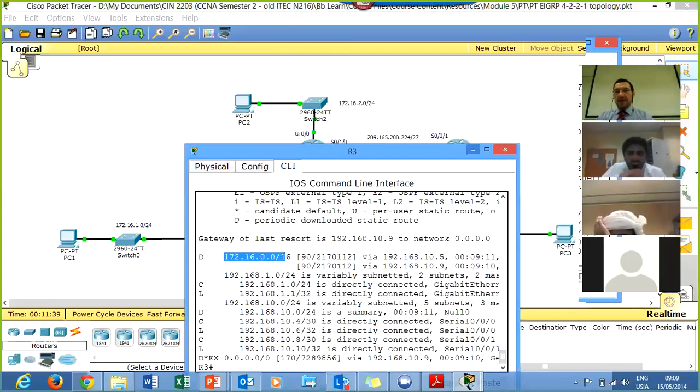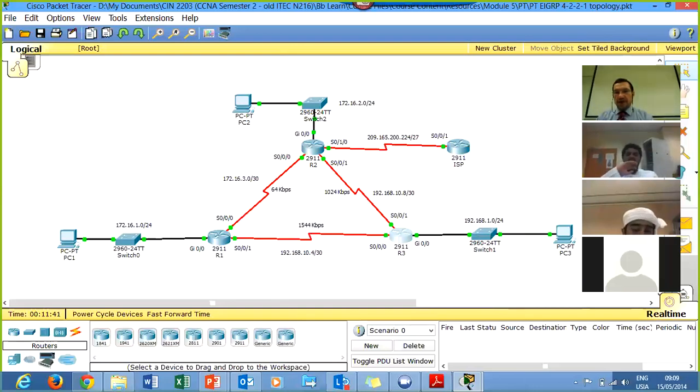R3 says I can go via this neighbor 10.9 or via this neighbor 10.5 to reach this network, or this network, or even this network, the WAN connection. It looks at all of them as the same. It doesn't differentiate that they're actually three separate networks, this LAN and this LAN and this one. It thinks they're all the same. Why? Because R1 automatically summarized this network to the default boundary.